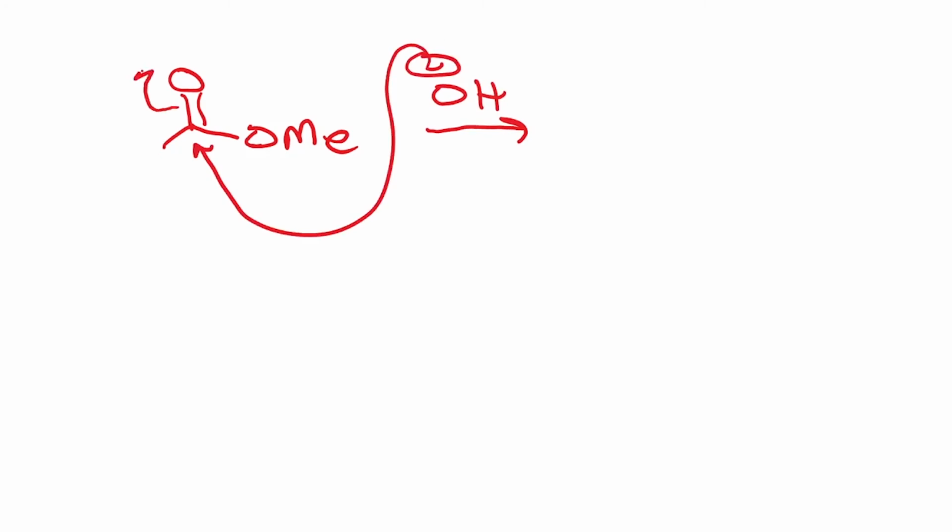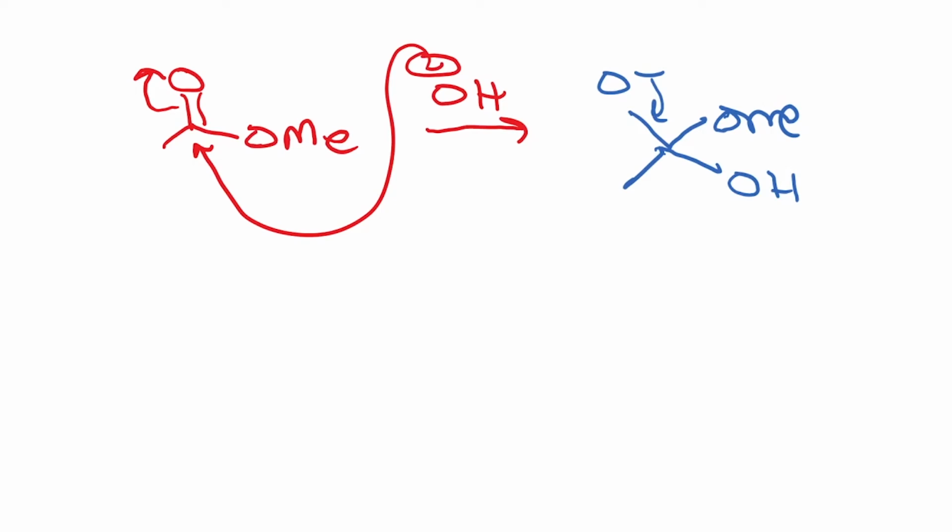Let's first consider this. It goes here, and then it produces the tetrahedral intermediate, OMe, and you have OH. Now when it comes back in, it can do two things. It can either kick out methoxide or it can kick out hydroxide.